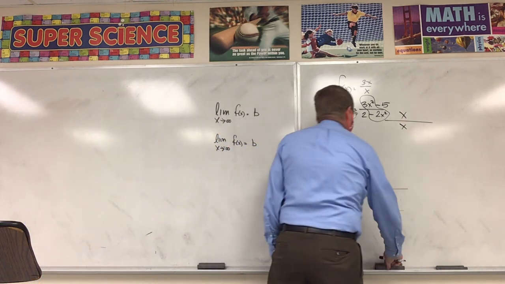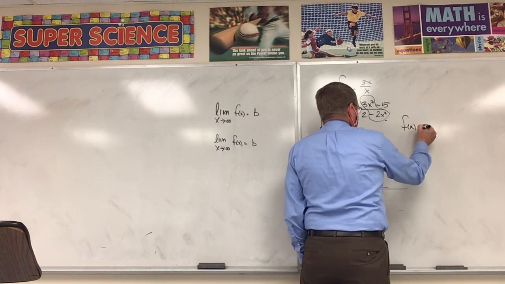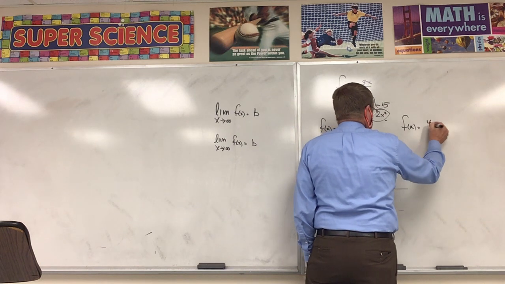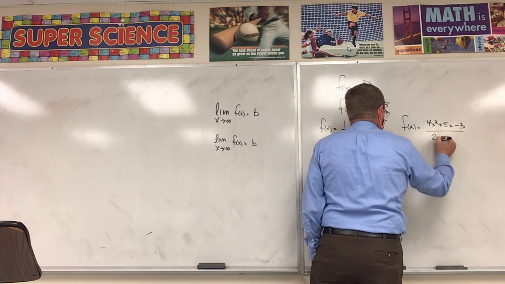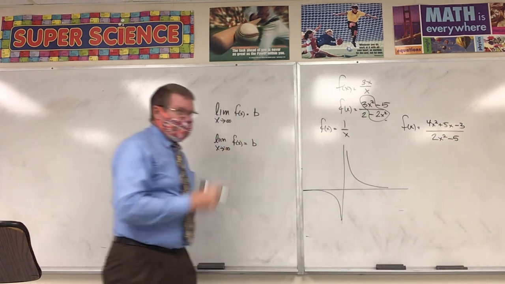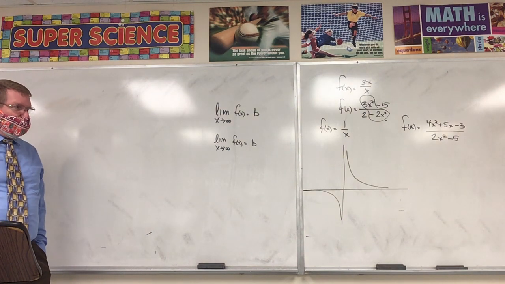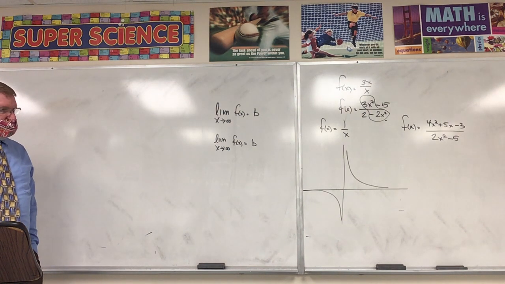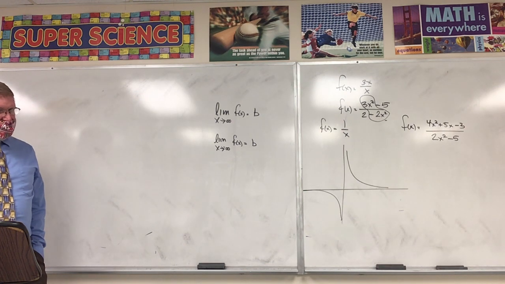All right, if I had f of x equals 4x squared plus 5x minus 3 over 2x squared minus 5, my horizontal asymptote would be what, Connor? Say again. 3 over 2.